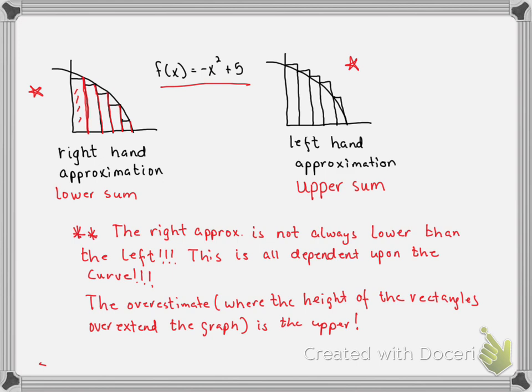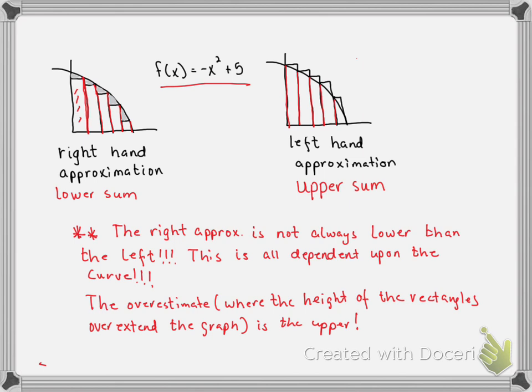The left-hand approximation means that the left side of each one of those triangles is the side that meets the curve. Now, if you look at the differences between these, in the right-hand approximation we've got this area here, I'm coloring it in gray, that is lacking some of our area.